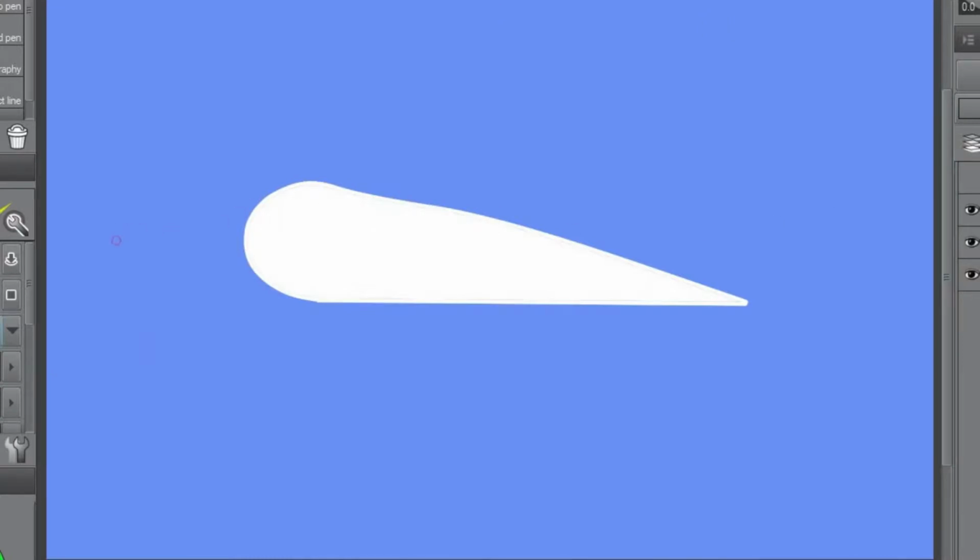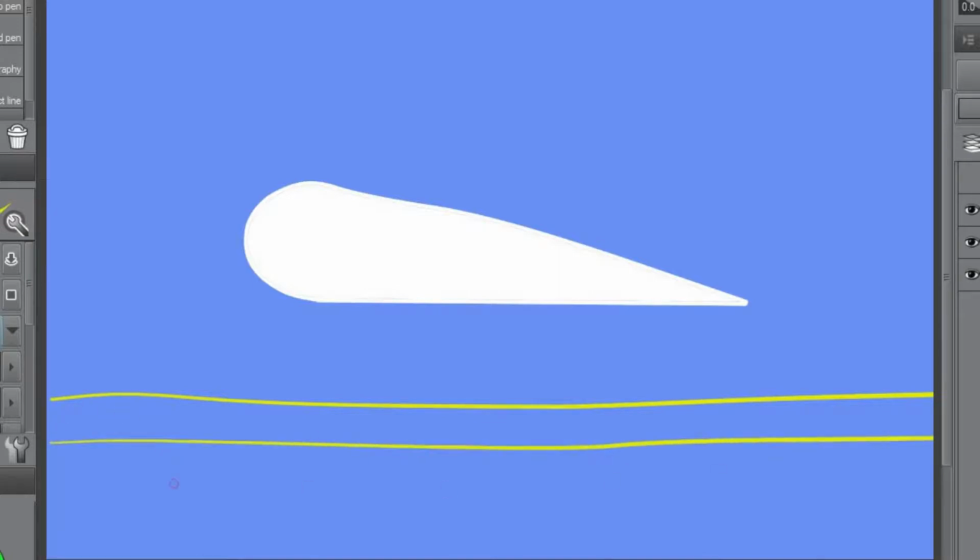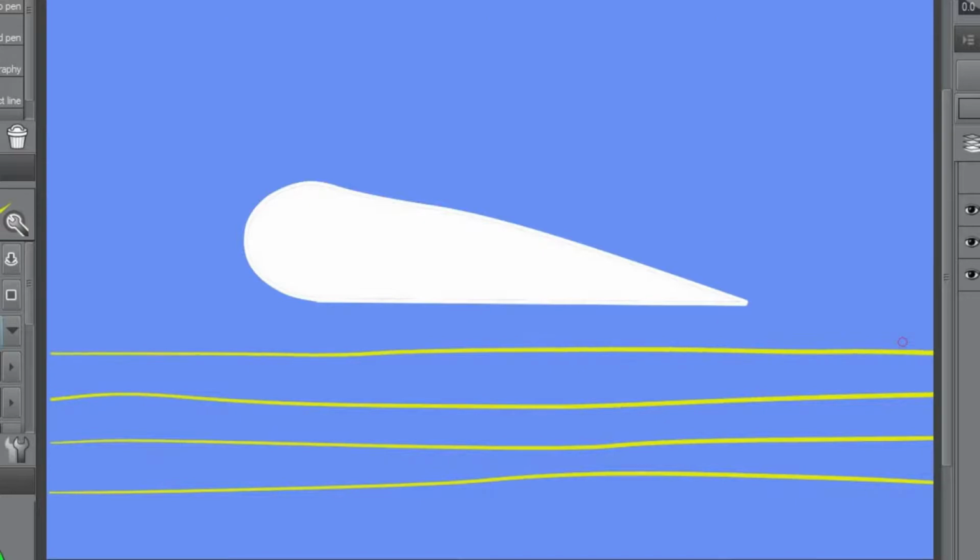So let's look at what's happening with the air flowing over our wing. Air that's below the wing is just going to continue on in a straight path, and it's going to be of a uniform pressure based off the altitude that you're at, and thus the pressure that's actually on the air on its own.